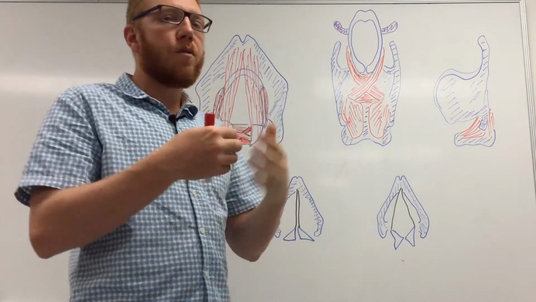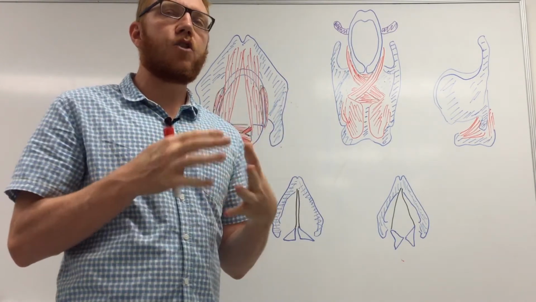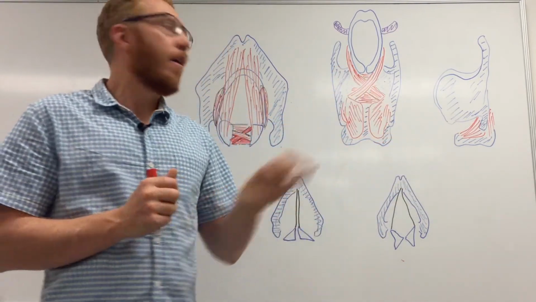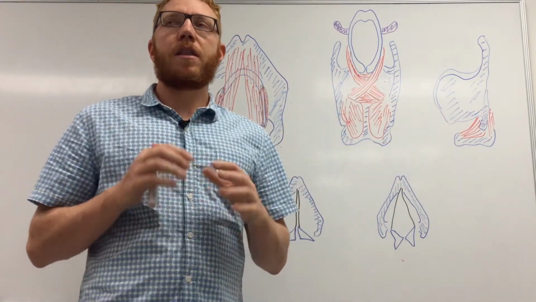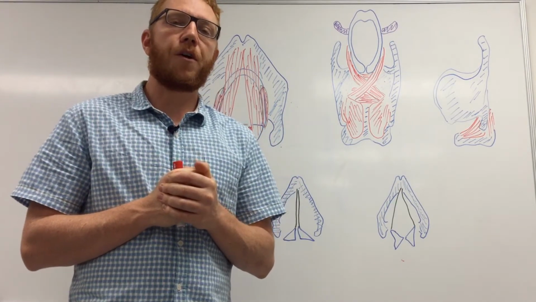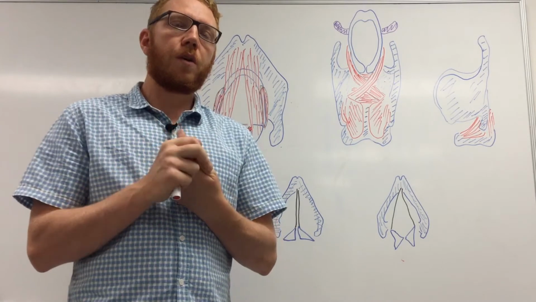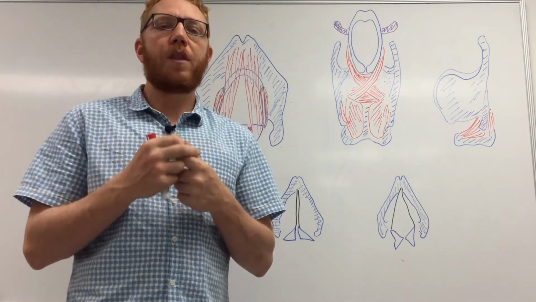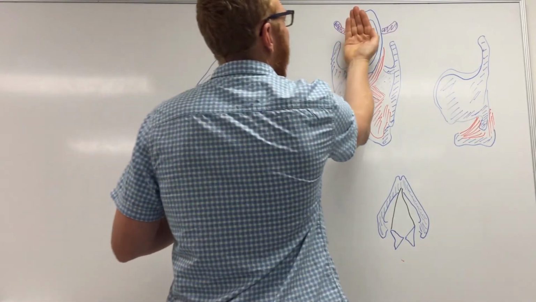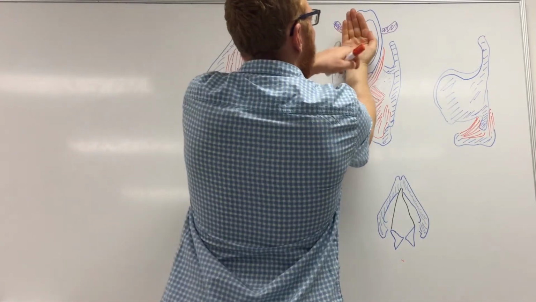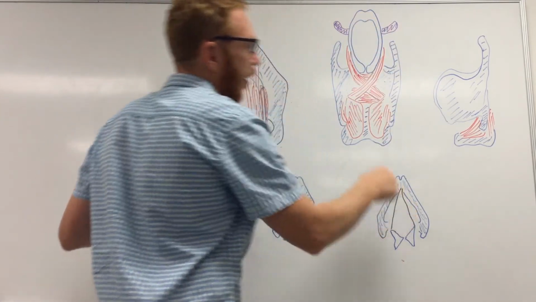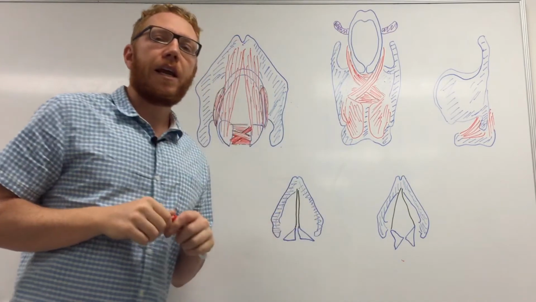So now we move into the intrinsic muscles of the larynx. These are the smaller ones, and these are found generally more inside. They're broken into 7. So there's 7 intrinsic muscles that we need to know. The first 2 are more about moving the laryngeal inlet. Remember here we've got the epiglottis, and as we go down into the trachea, going into that area, we've got the laryngeal inlet.